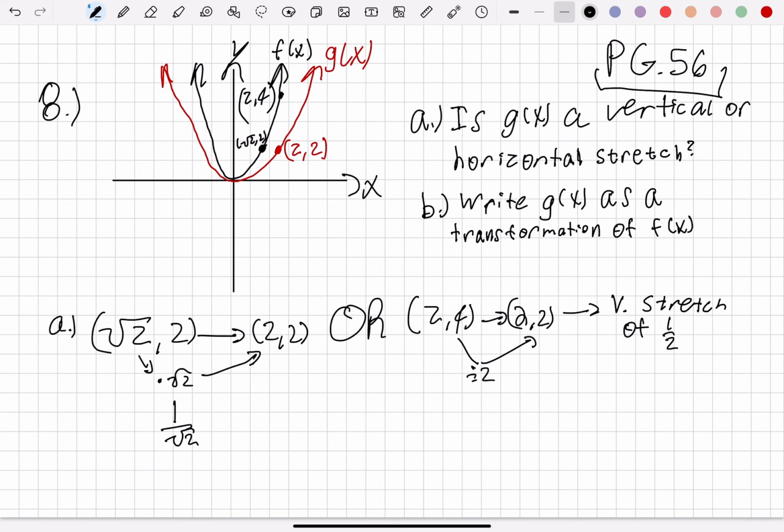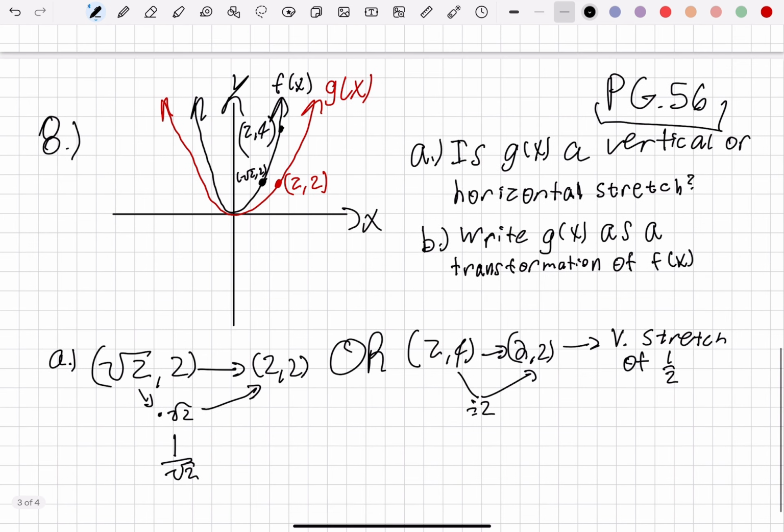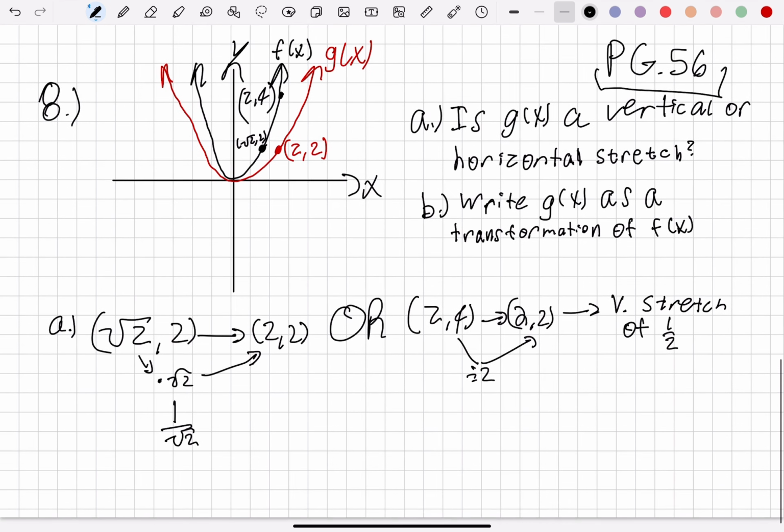So one thing that's interesting to note here is our original f of x function we can assume is x squared because it's some exponent.